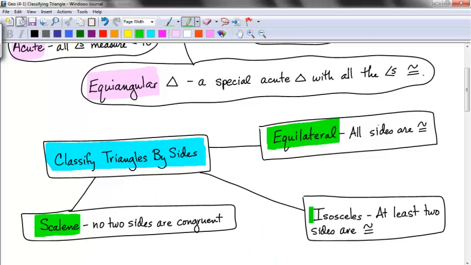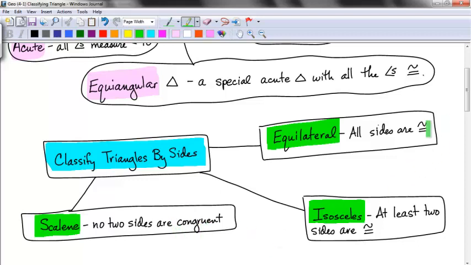And then the other choice is isosceles triangle. An isosceles triangle has, it says at least two sides, but it's basically two sides are congruent, it's isosceles. All three sides congruent, it's equilateral. No two sides congruent, it's scalene.